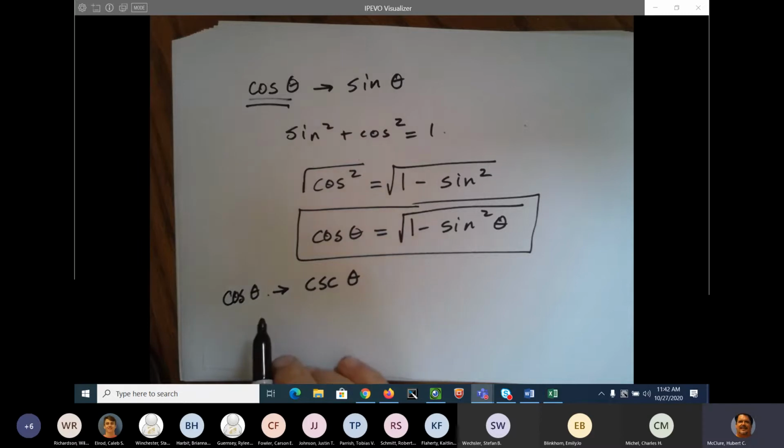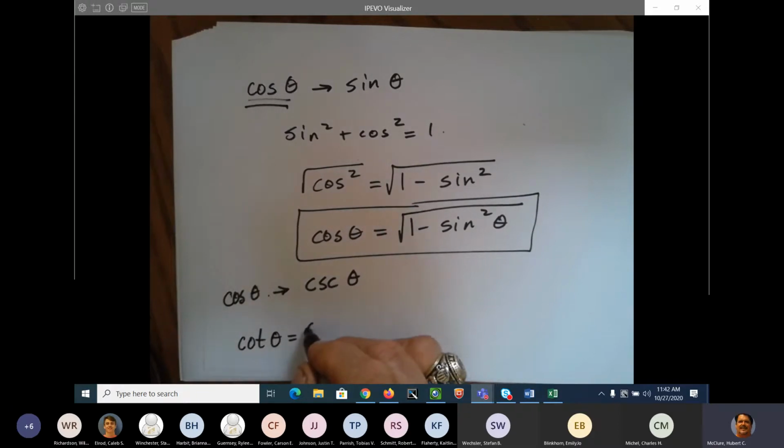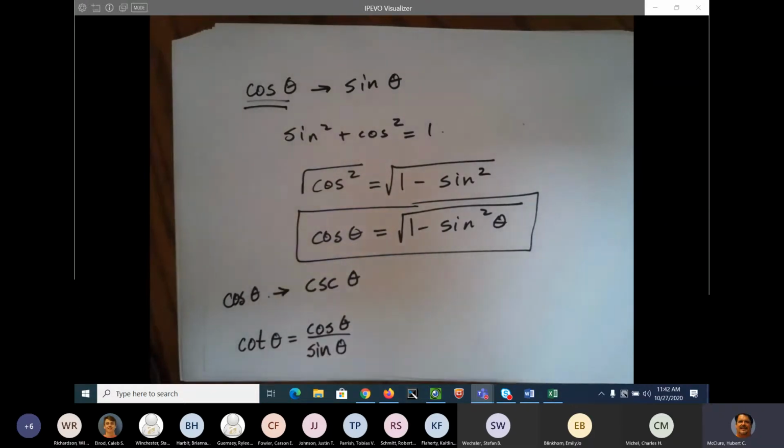I'm going to switch it to the cosine is equal to cotangent times the sine. So the identity: cotangent of theta is equal to cosine of theta over sine of theta. I'm going to solve that for the cosine because that's what I'm solving for.